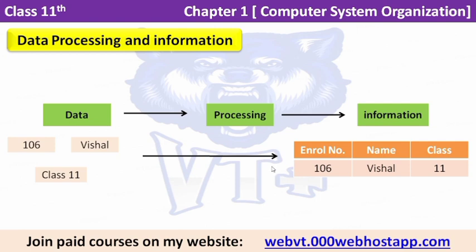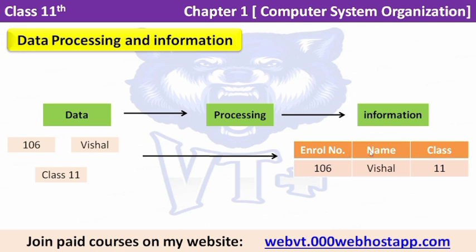But after processing we get the data in a mannered way which is meaningful, and we get some information from this data. So after processing the data is called information, which is meaningful, and data is meaningless. So you can differentiate between data and information easily.